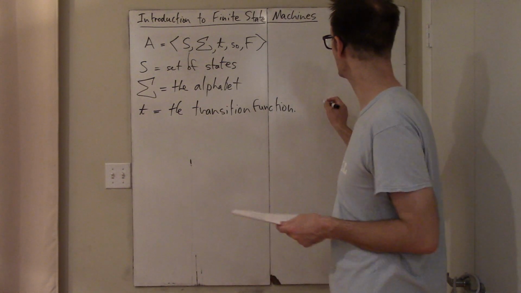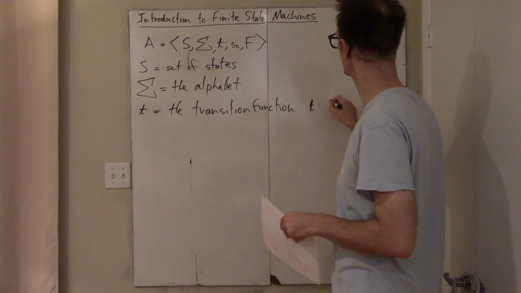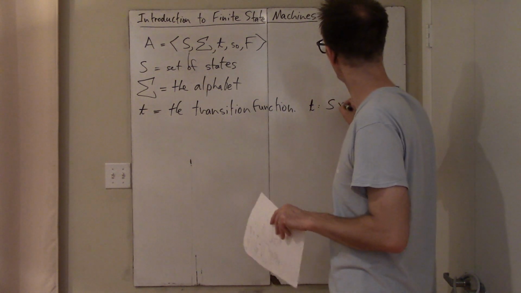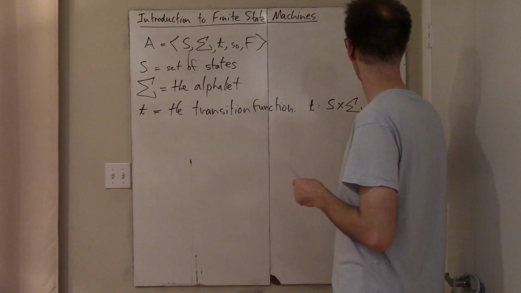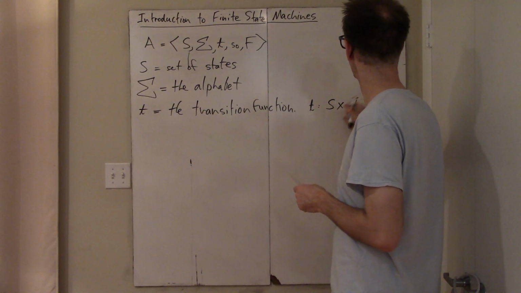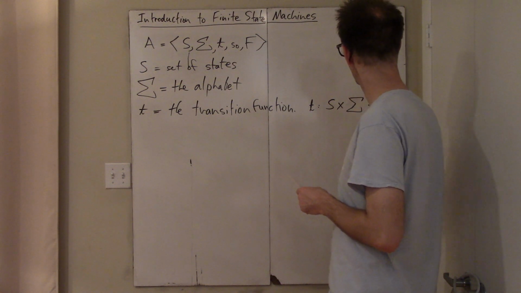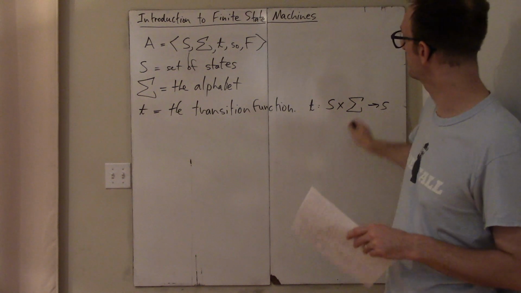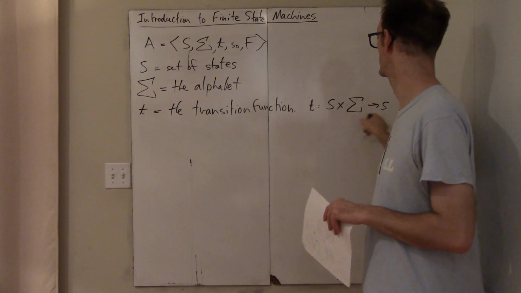So, formally speaking, T is a function, and here comes some fancy mathematical language. It takes you from S times sigma, the Cartesian product of S and sigma, to S.